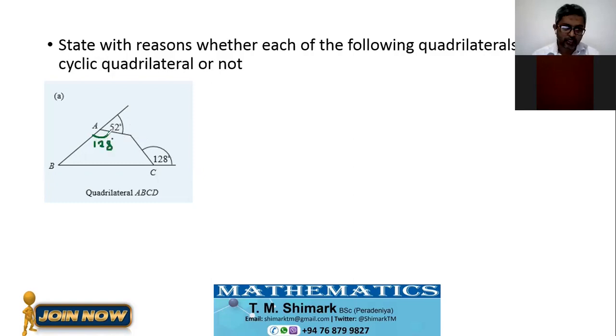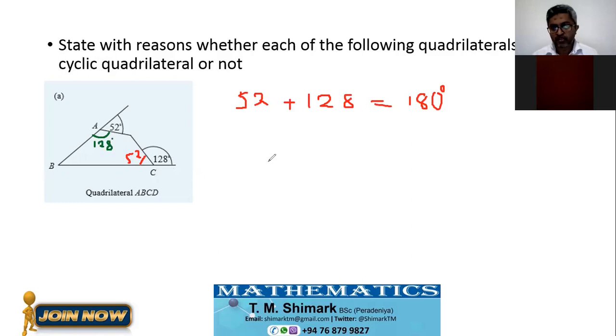And if you take this one, it is going to be 52. So 52 plus 128 is going to be 180. So opposite angles, this angle and this angle, make 180. So it's a cyclic quadrilateral.